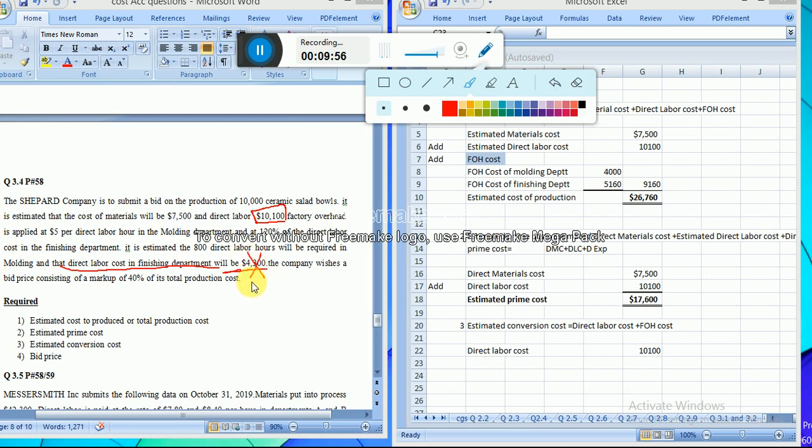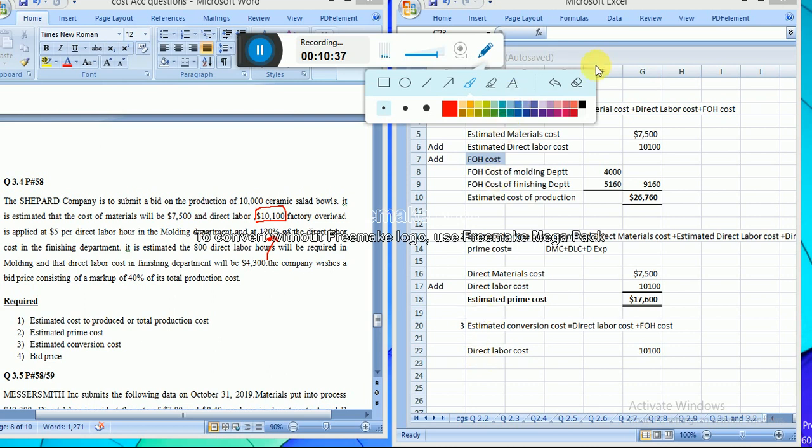This 4,300 only helps us find the FOH in the finishing department, because 120% of this 4,300 is the FOH cost in the finishing department. So keep in mind that we take 10,100 total as direct labor cost. Got the point, I hope.